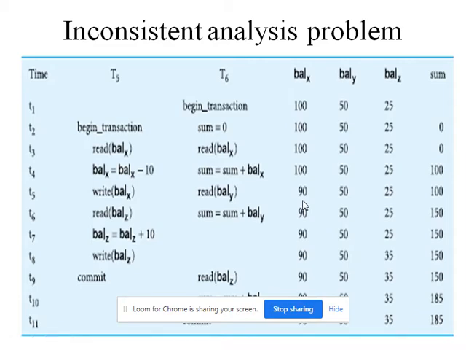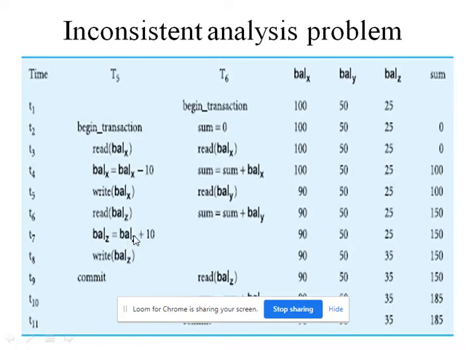But the sum value of X was 100 rupees; instead of 90, T6 stored 100. Also, T5 adds the deducted 10 rupees to the Z account. It reads the Z balance and adds that 10 rupees, transferring 10 rupees from X to Z.